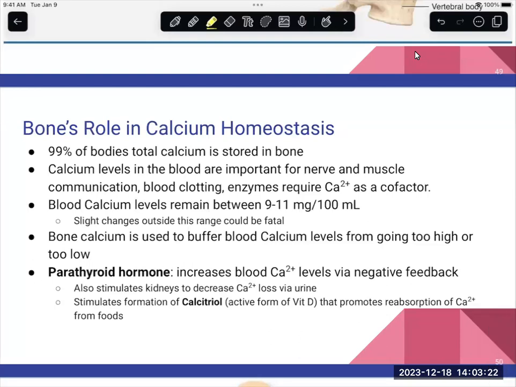So let's look at calcium homeostasis, because that's our bone's job, to maintain it. We store almost all of our calcium in our bones. But we use calcium for other things. We use it for nerve and muscle communication. When we get to the muscle chapter next, we will look at this in more detail. Blood clotting.